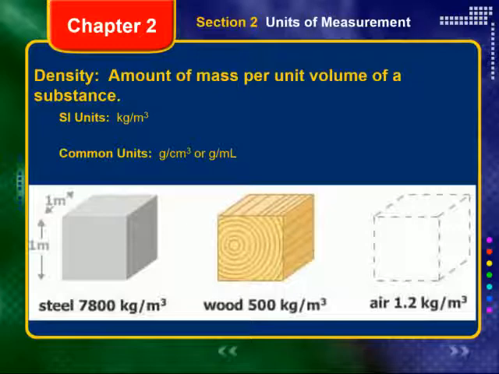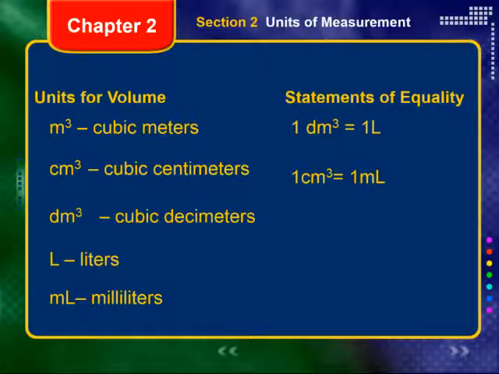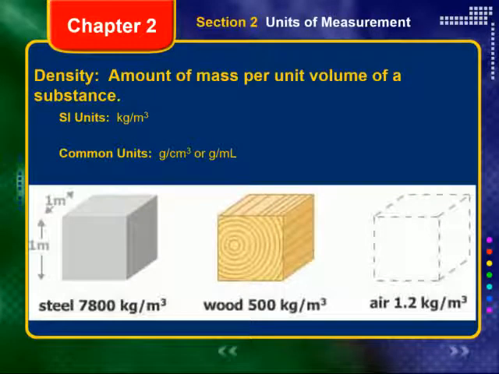Now going back one slide, I want to point out that 1 cubic centimeter is the exact same thing as 1 milliliter. The exact same volume. So when we say that a common unit for density is grams per cubic centimeter or grams per milliliter, those are actually the exact same thing. We simply may choose cubic centimeters over milliliters or vice versa because it's more convenient for what we want to convert into.